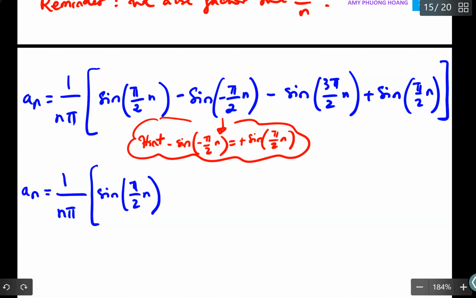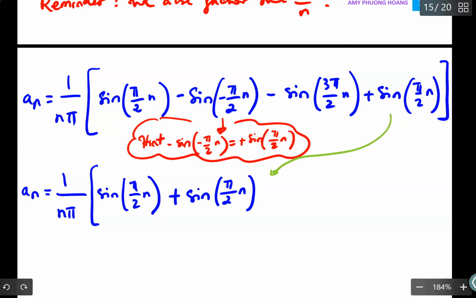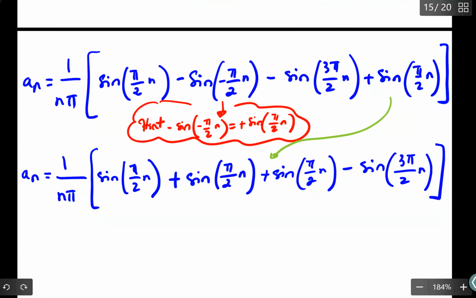When I apply it, I should have plus sine of pi over 2n. Right here, I will write this sine of pi over 2n beside this one, and I subtract sine of 3 pi over 2n and close the brackets. So what do we have next?